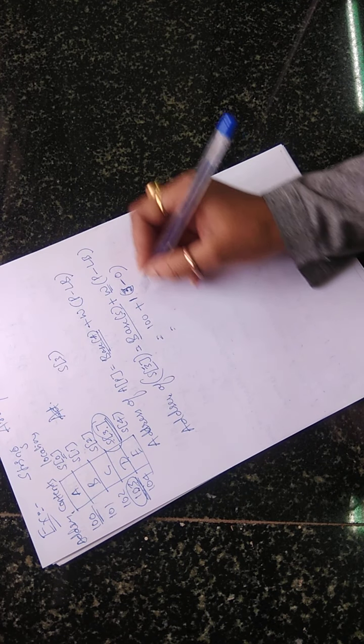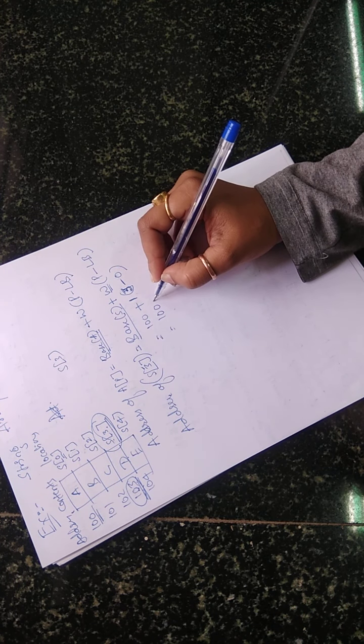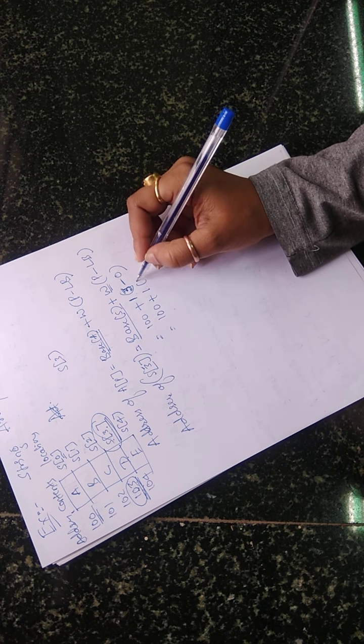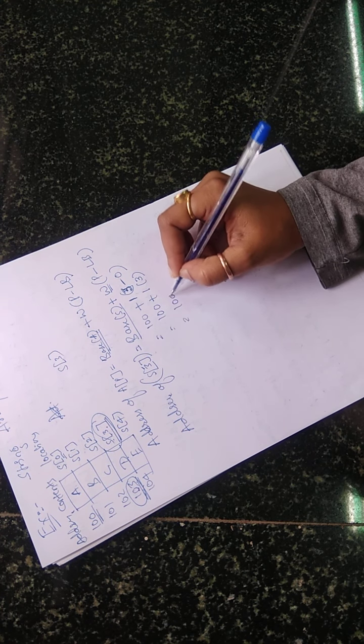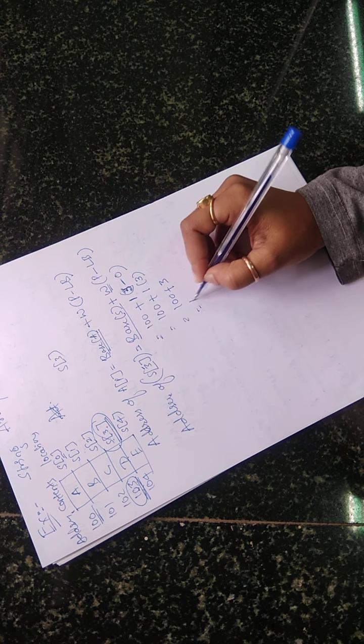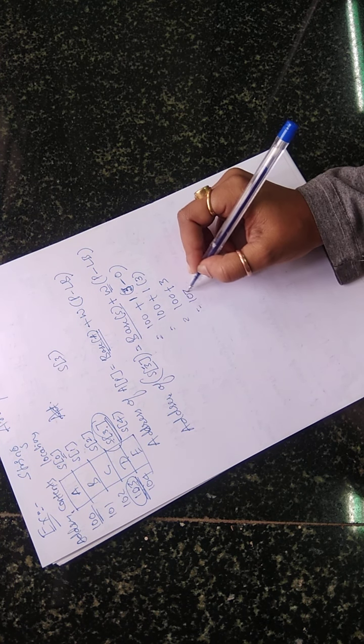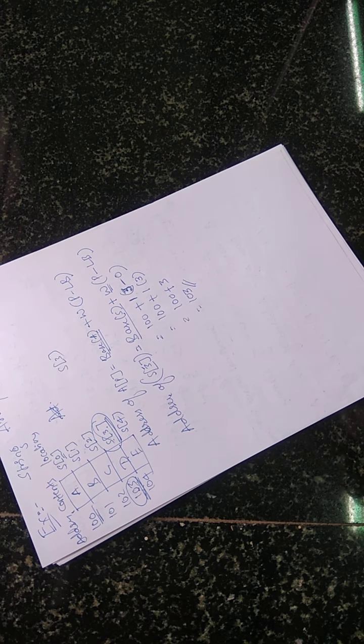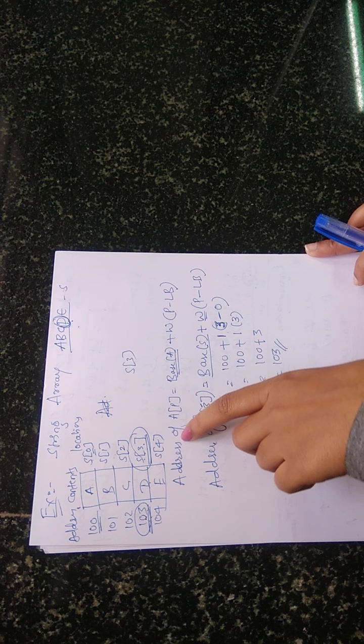So 100 plus 1 times 3 minus 0, which is 3. 100 plus 3 is 103. So this is your answer: 103 is the address of your D. This is how you calculate the memory address of any element stored in your array using this formula.